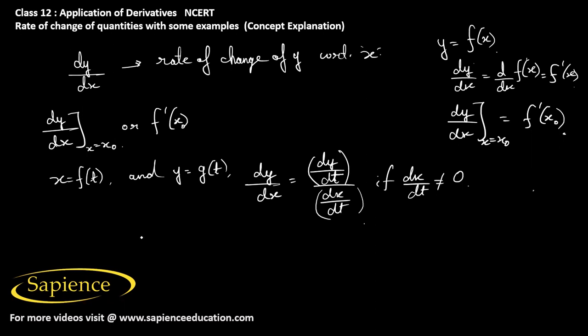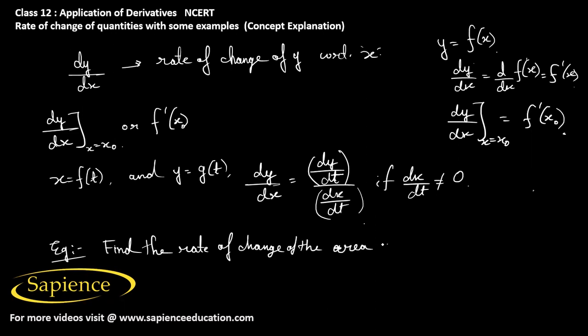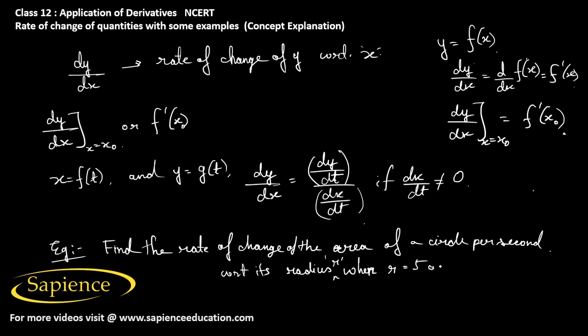Okay. So for example, suppose it is asked to find the rate of change of the area of a circle per second with respect to its radius r, when r equals 5 centimeter.